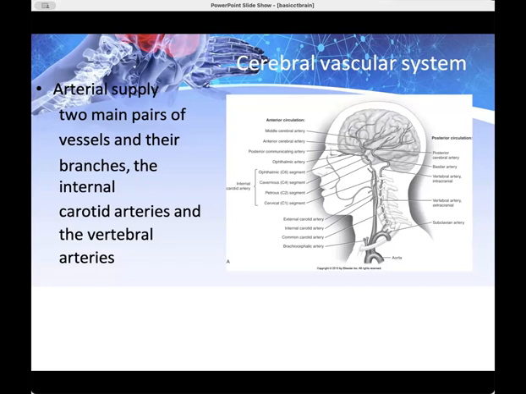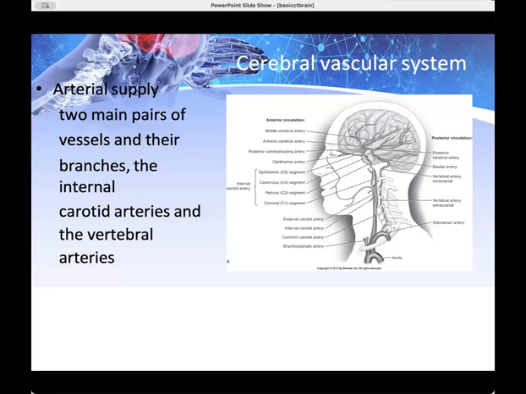The capillaries of the brain are unlike those elsewhere in the body in that they do not allow movement of certain molecules from their vascular compartment into the surrounding brain tissue.